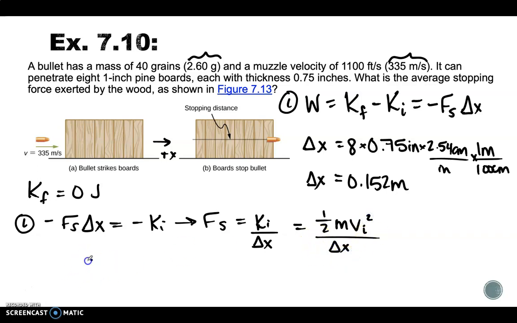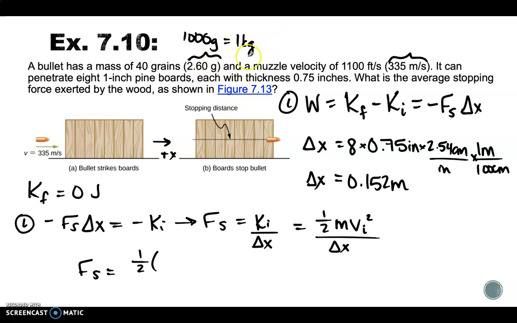Okay, and then all we have to do is plug everything in. So we have F sub S equals 1/2 times our mass, which is 2.6 grams. We want that to be in kilograms, so there are 1,000 grams in 1 kilogram.